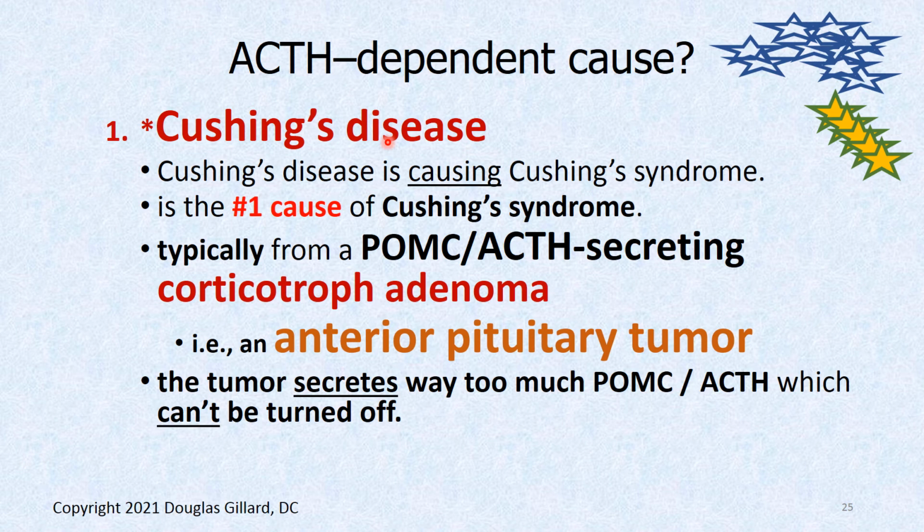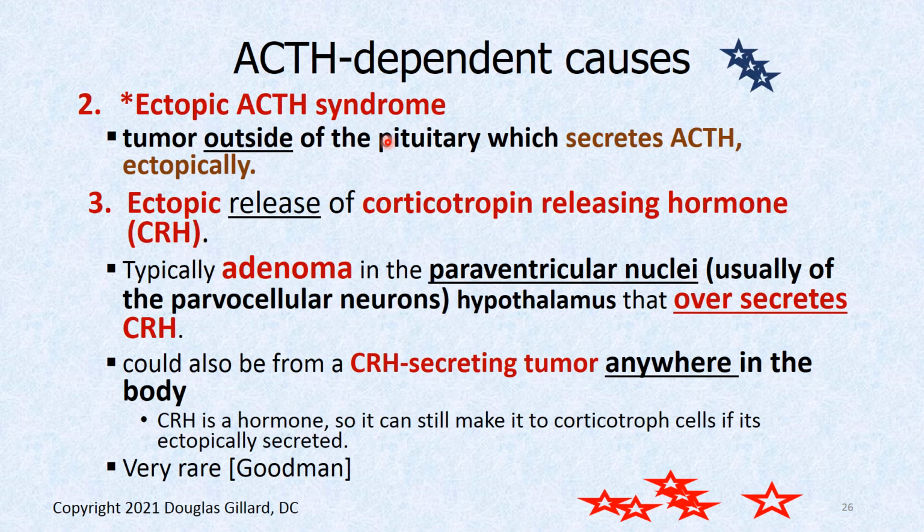The adrenal gland is going to secrete tons of cortisol and tons of the adrenal androgens as well, right? Because ACTH stimulates the release of cortisol and the adrenal androgens like DHEA or androstenedione, DHEAS. Those are the adrenal androgens. Okay, so pituitary tumor, number one cause.